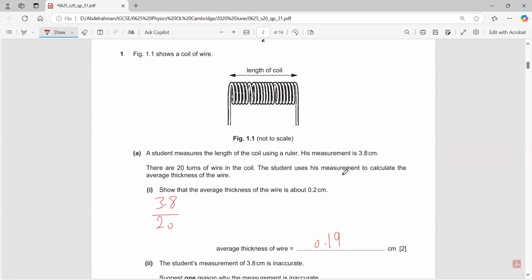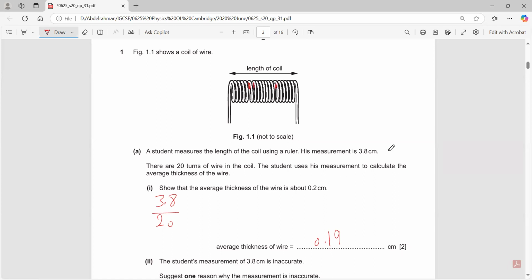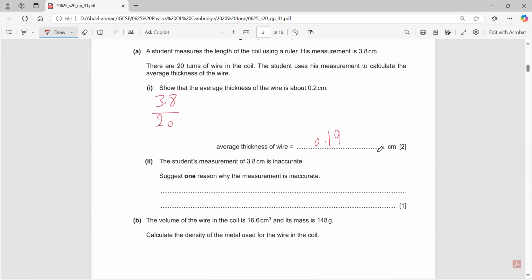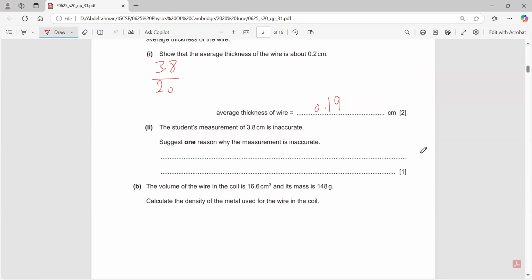Someone else is saying the space between the coils. Yes, we can find very small spaces between these coils, which might give an inaccuracy. These are all correct answers. As for the perpendicular reading or parallax error, it could be a correct answer. I'm not saying it's wrong, but it's more of a paper six answer rather than a paper three answer.